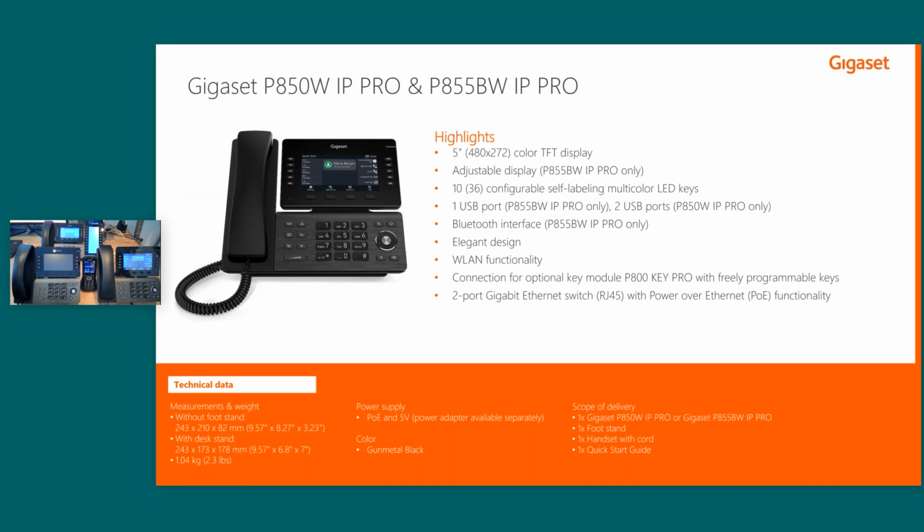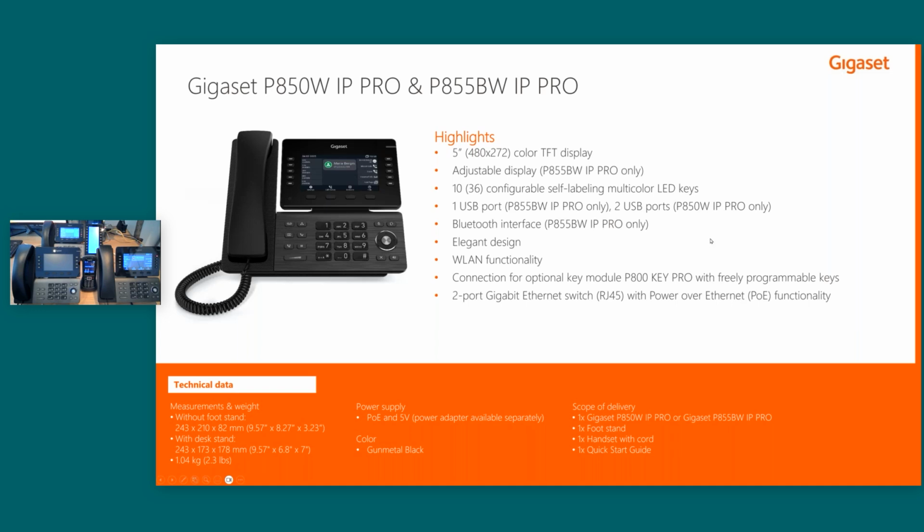So this is the top device where everything is inside. You have 10 configurable self-labeling keys, 5 on the left, 5 on the right side, and this on 3 sides.